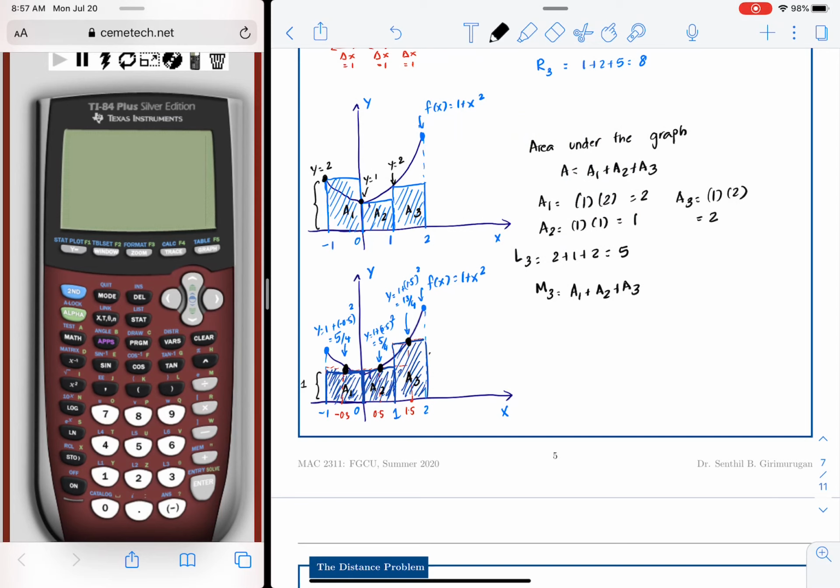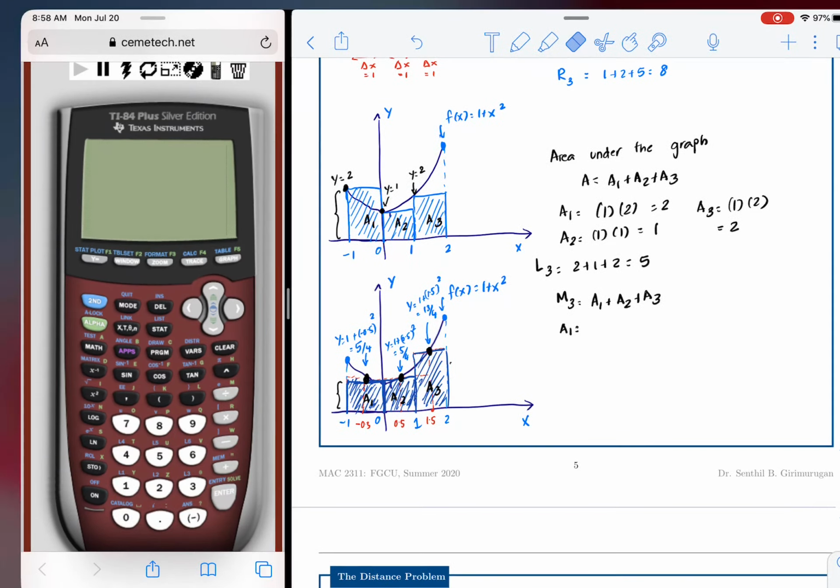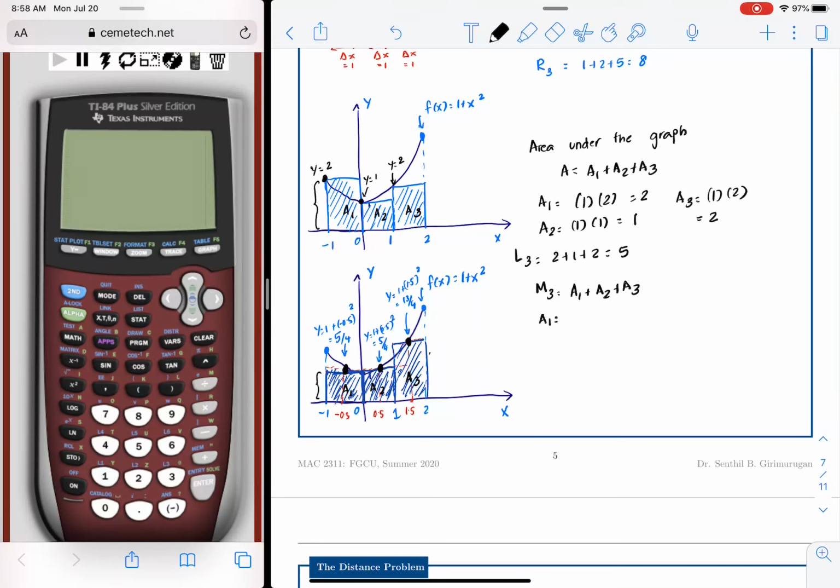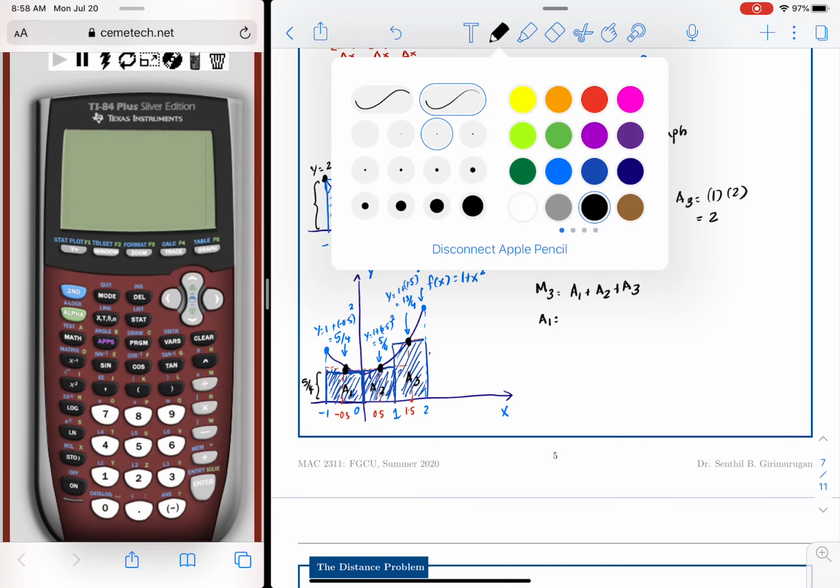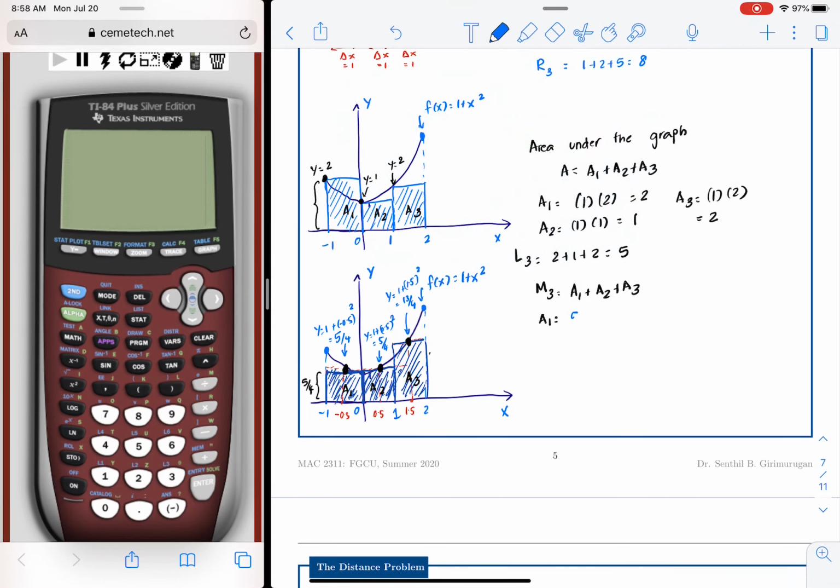So A1 would simply be equal, so that is not 1, I take that back. It would be 5 over 4 multiplied by the width of that first rectangle, which is 1, so we get 5 over 4.